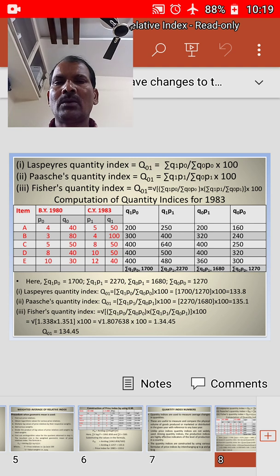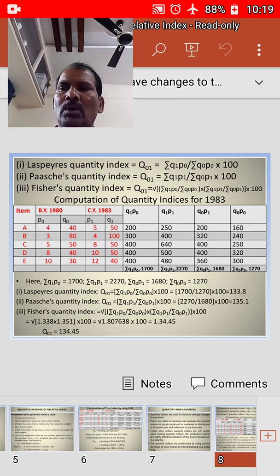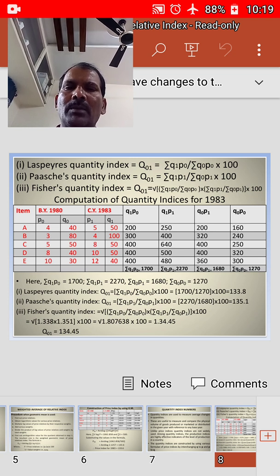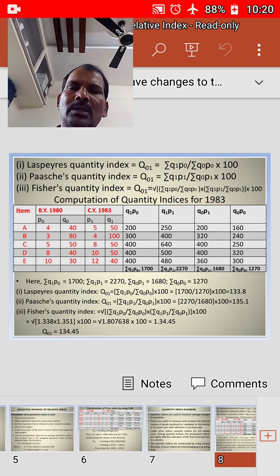Then we require Q1 P0. P0 is nothing but base year prices, and Q1 is current year quantities.